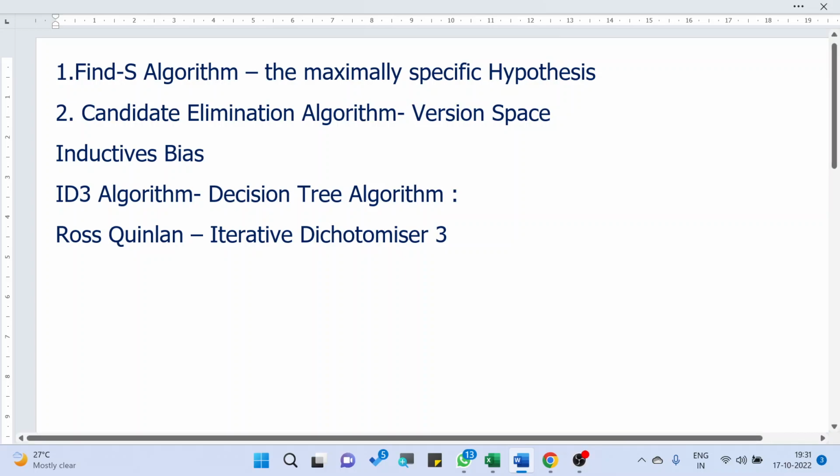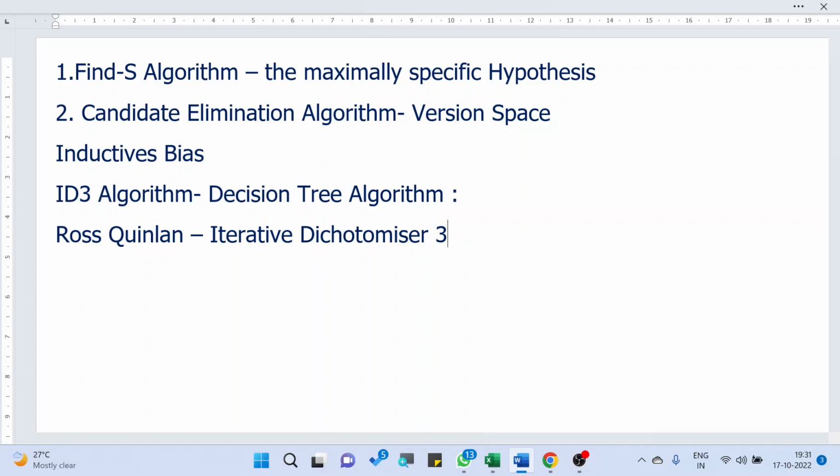The purpose here is, instead of a hypothesis, we will build a tree which will help us to take a decision based on the given training examples.